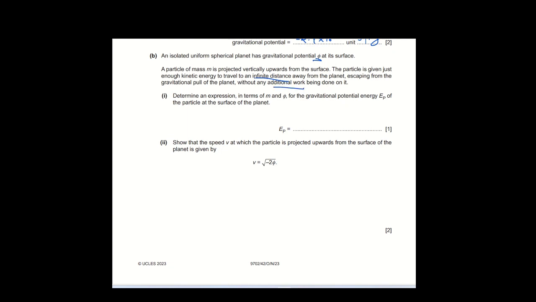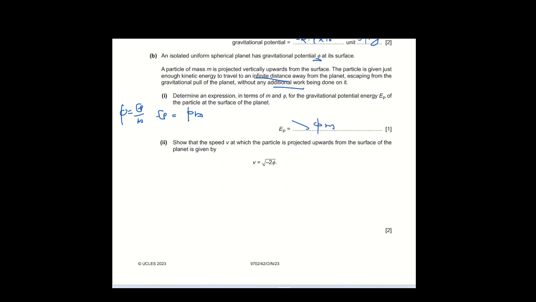Determine an expression in terms of m and phi for the gravitational potential energy EP. As I have explained, phi is equal to gravitational potential energy per unit mass. So, gravitational potential energy EP will be equal to phi times m.